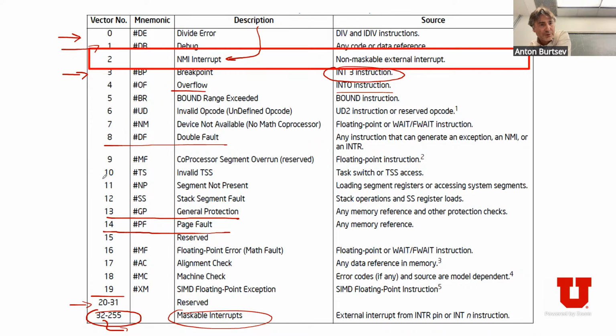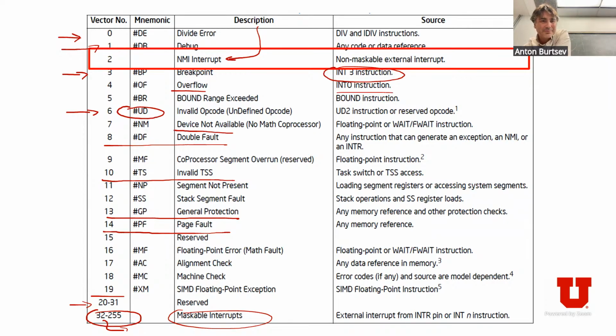If you screw up your TSS, there is a specific condition when you will get this invalid TSS. What else is there? Things like invalid opcode, like this is undefined behavior. You see it when you disassemble Rust or something. They insert this invalid opcode to make sure that you will get an exception when this specific thing is reached.